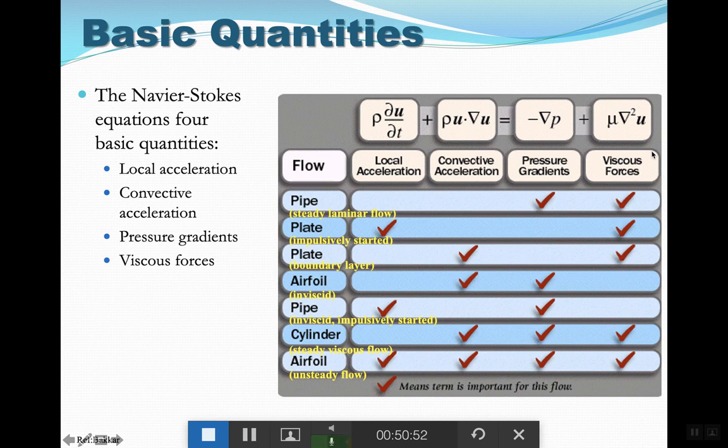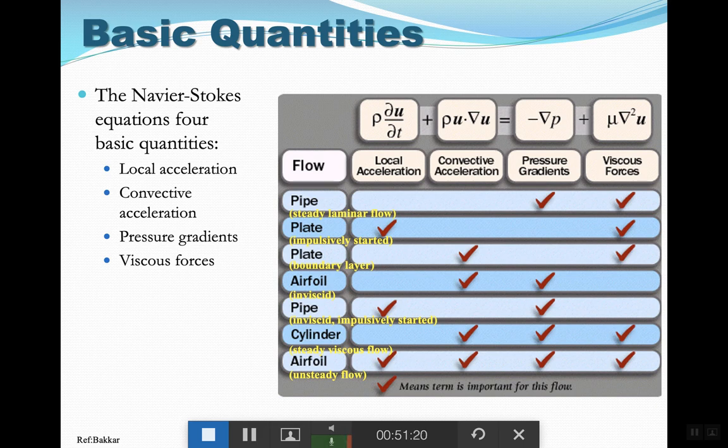Now, using these four categories of forces, and since we know Navier-Stokes is the major equation we are solving, we will classify our solutions, meaning we will classify different scenarios based on which forces are important and which forces are negligible. This is very important once we are going to the simulation.